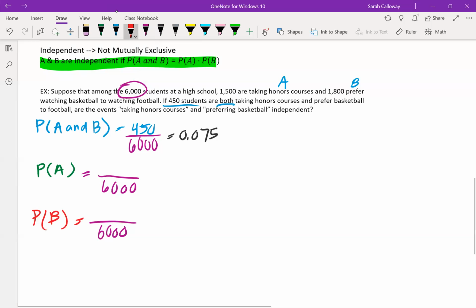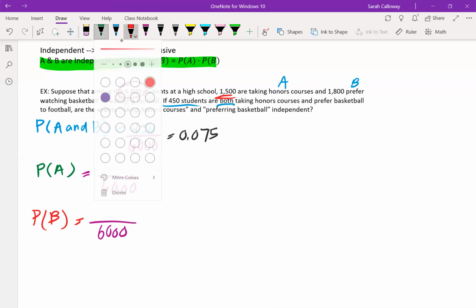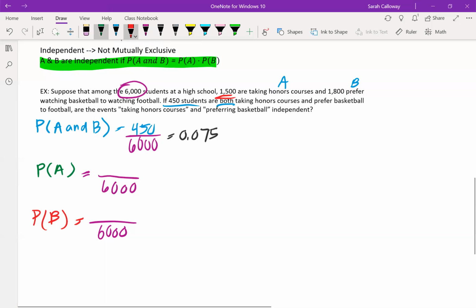1,500 students. Let's do B first, since I can't change my pen. 1,800 students prefer watching basketball to football, so that is 30%, or 0.3.